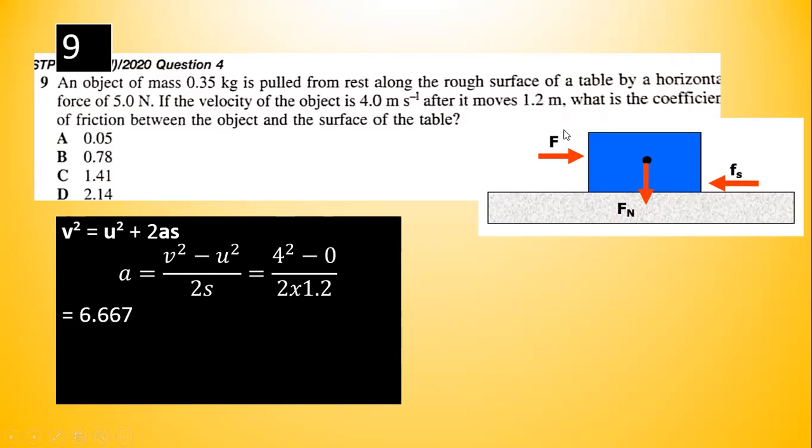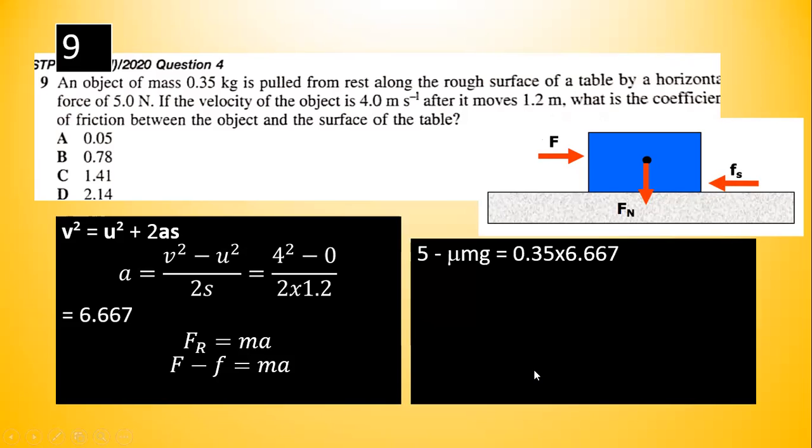So we are calculating the acceleration, so we can calculate this force. And we use Newton's second law. Resultant force is ma. So how do you get the resultant force? The applied force minus your frictional force equals ma. We are told the horizontal force is 5, put in 5. Your F is what we want to find.